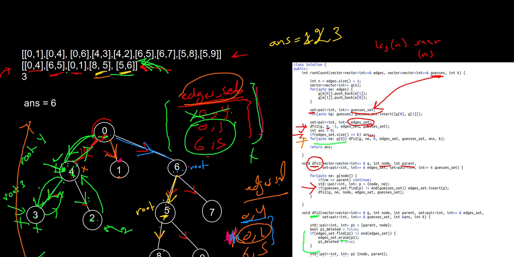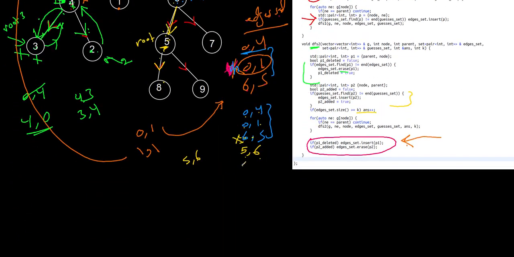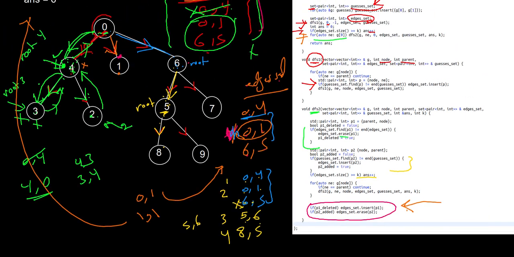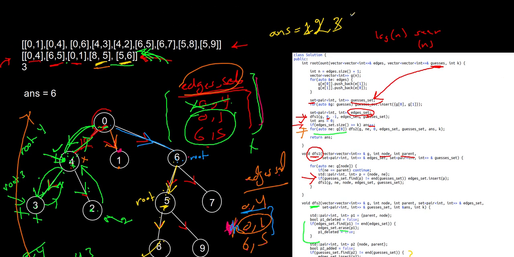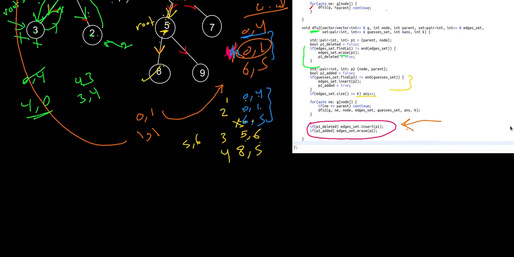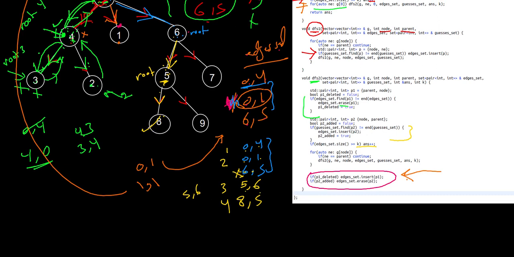Yes, so we insert it here. We have 8 5, then we have 1, 2, 3, 4 valid guesses, and so 8 is a valid root. We increase our answer to 4. We are done with 8.